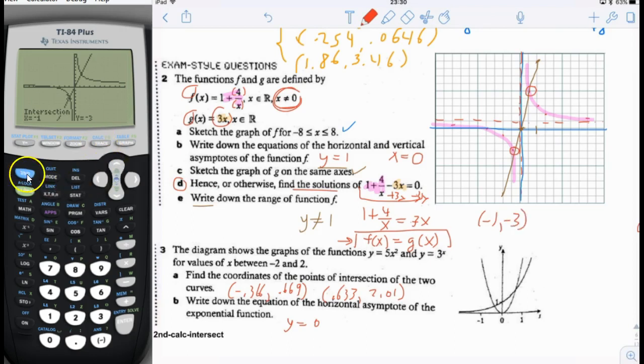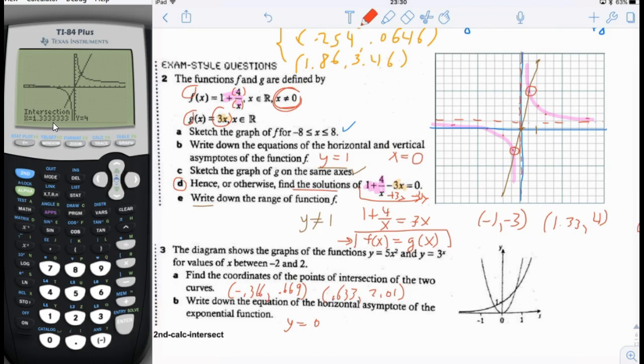The other intersection, let's see, we'll do second calc, intersect, it's number 5, and then we'll say first curve, enter, second curve, enter, and the guess, we're going to move closer to this intersection and hit enter. And another intersection is 1.33, 4. So those are the two intersection points for the two functions.